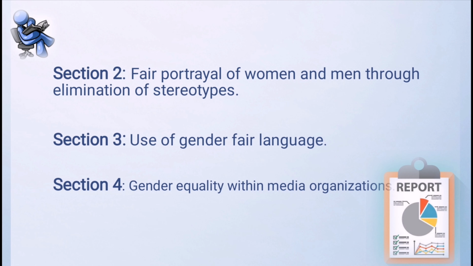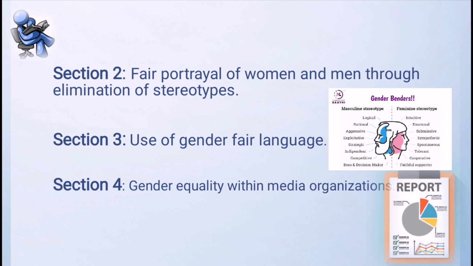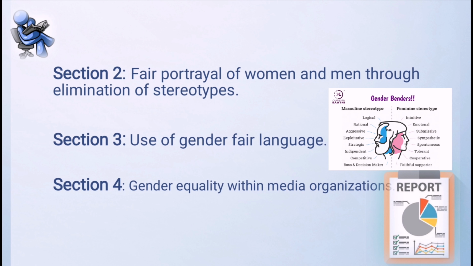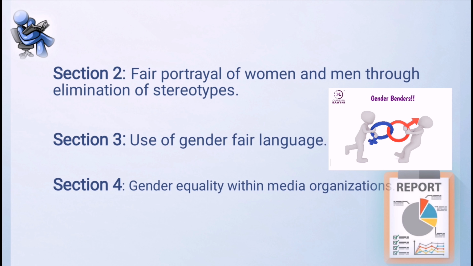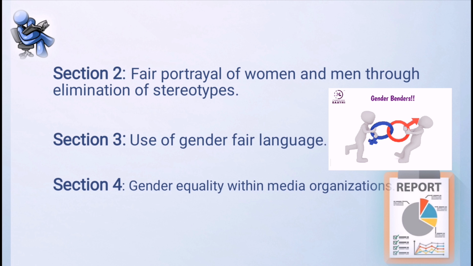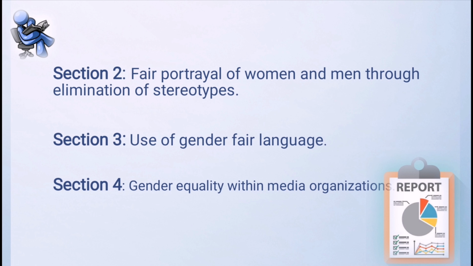The second one is fair portrayal of women and men through elimination of stereotypes and promotion of multidimensional representation or portrayal. The media plays a very significant role in shaping public perceptions about women and men.